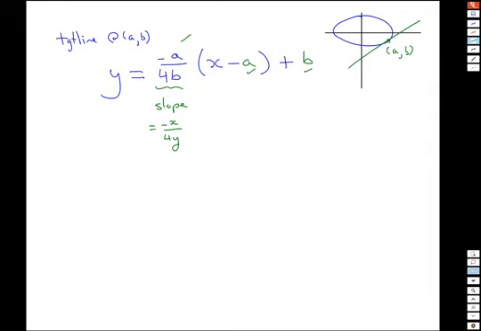The only thing that we want special out of this line is that it go through the point 12, 3. Well, if we take a look at our generic formula here, that means when I plug in x equals 12, I get y of 3 back.